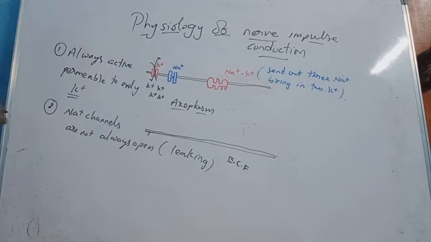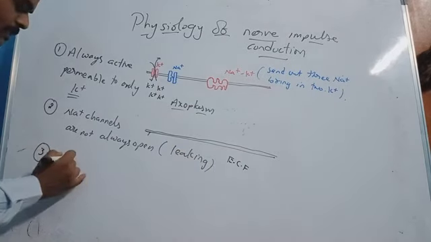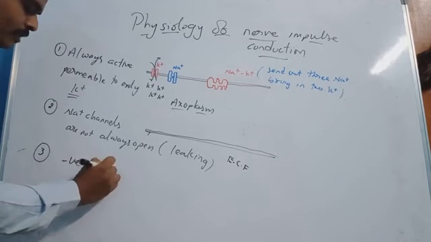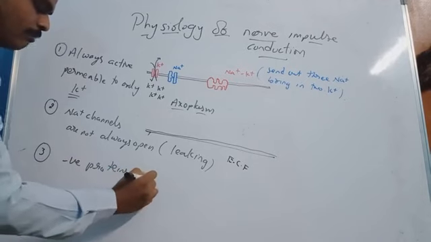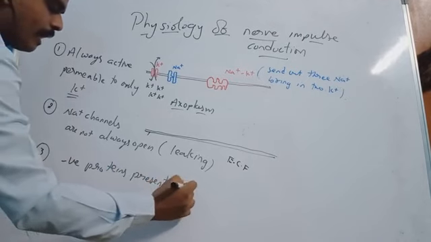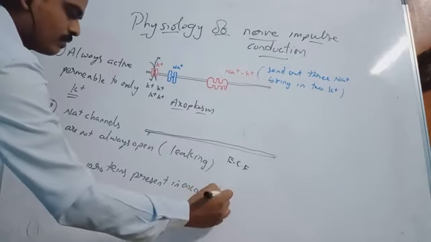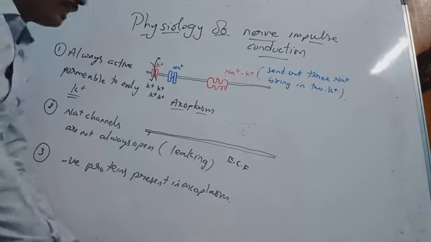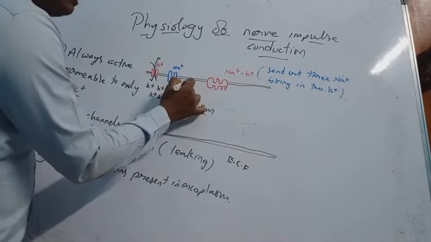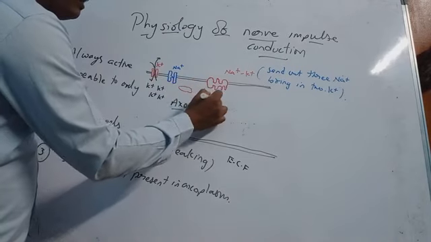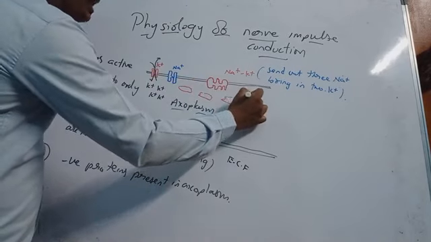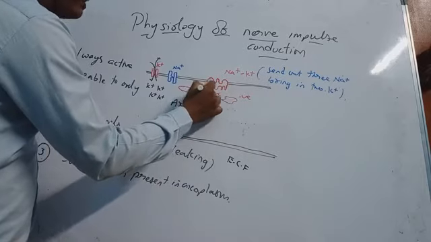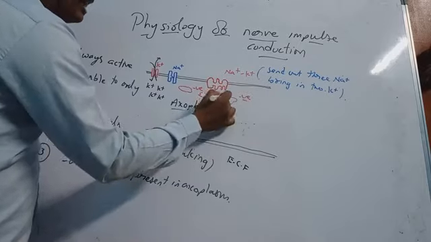One more thing you have to remember is the negative proteins present in the axoplasm. Inside this axoplasm we have several proteins which will cause the negativity of this area. So we can see several proteins which are negative in nature, so they have negative charges.